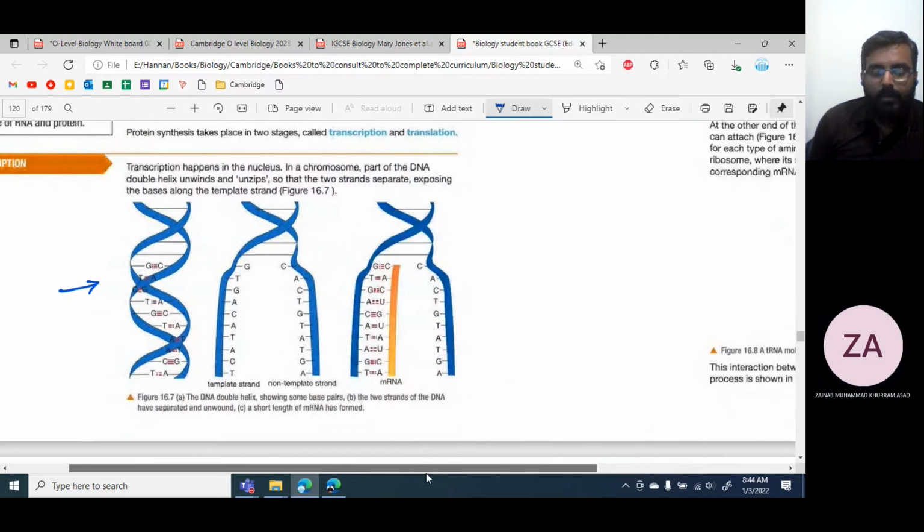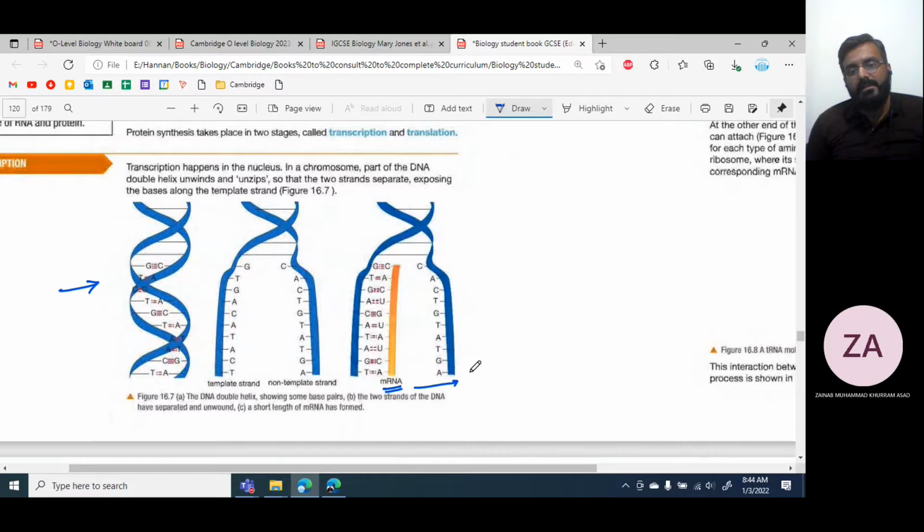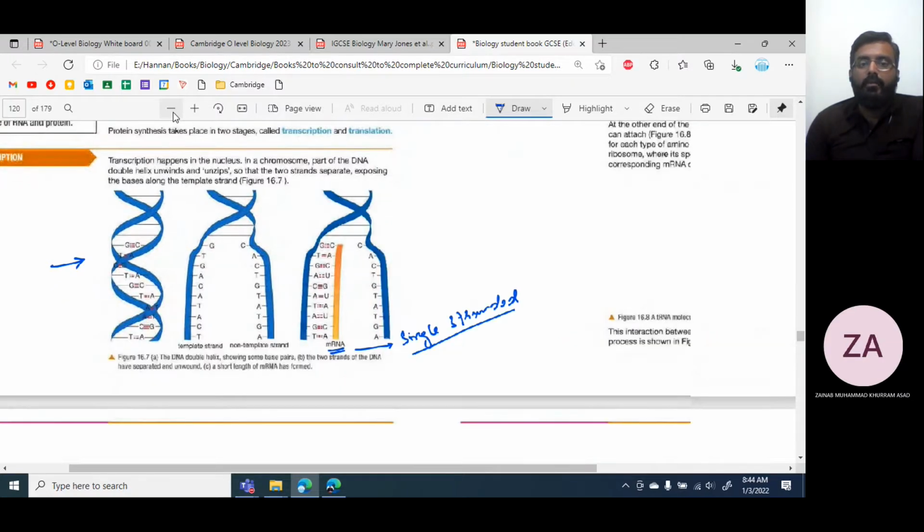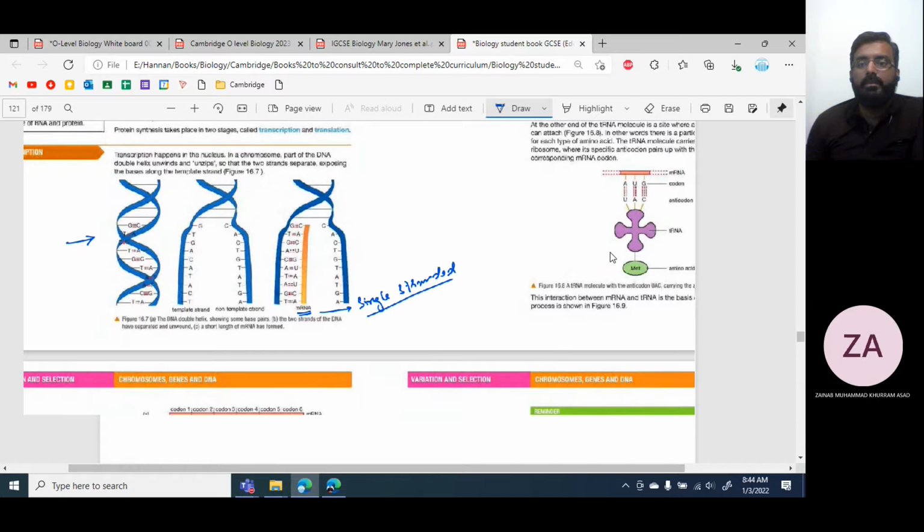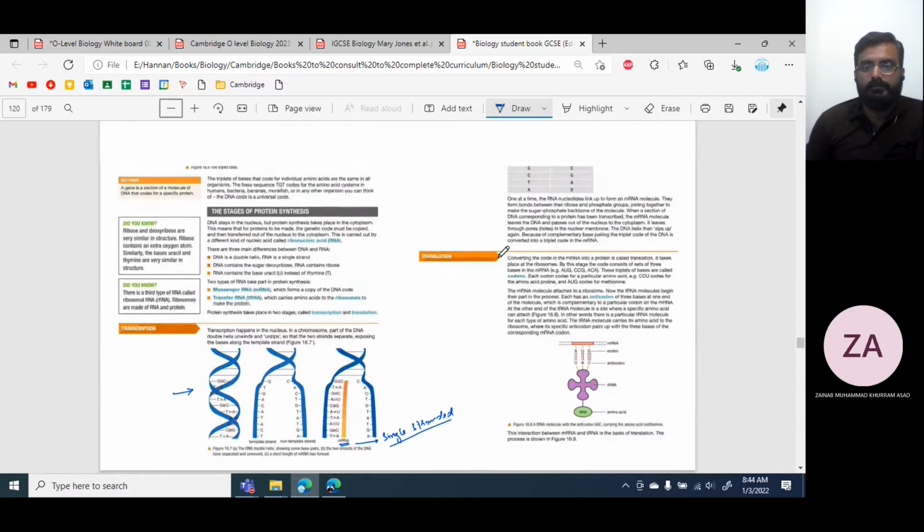Yes, sir. Okay. We open the DNA. We copy the DNA in the form of messenger RNA, which is actually single-stranded. Now it is single-stranded. This messenger RNA would be sent outside the nucleus to create the proteins.